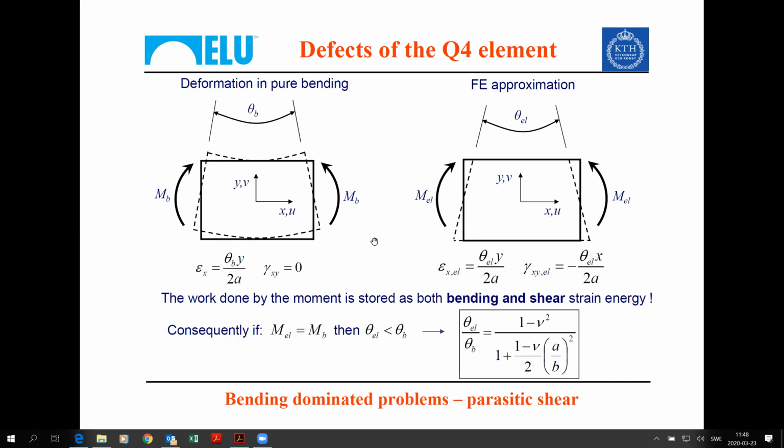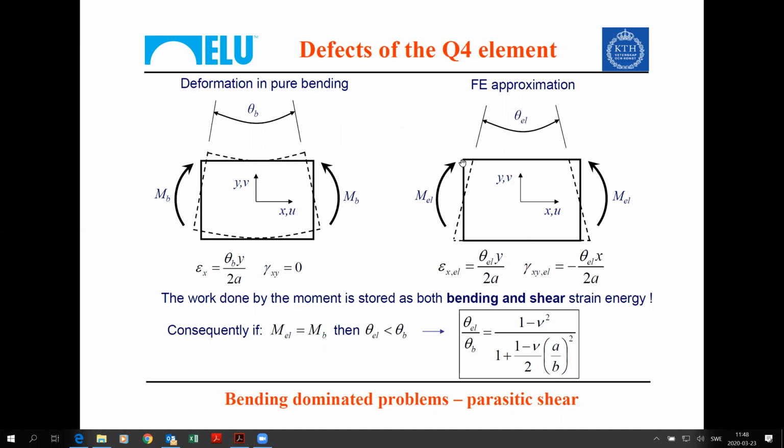What happens in the finite element approximation? We have bilinear approximations of the displacement. So we will be able to reproduce this deformation correctly, but we will not be able to reproduce within one element this curved shape of the edge.